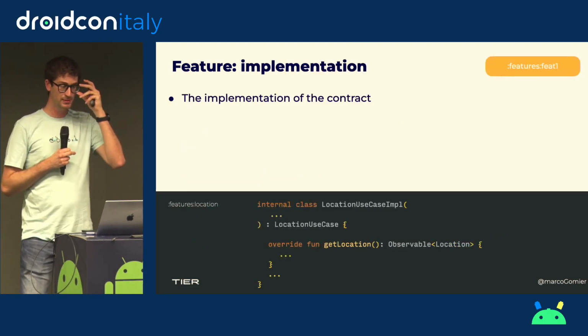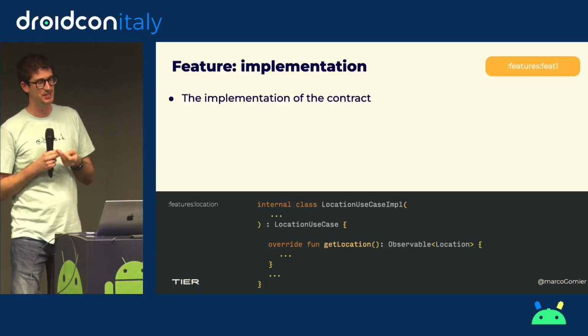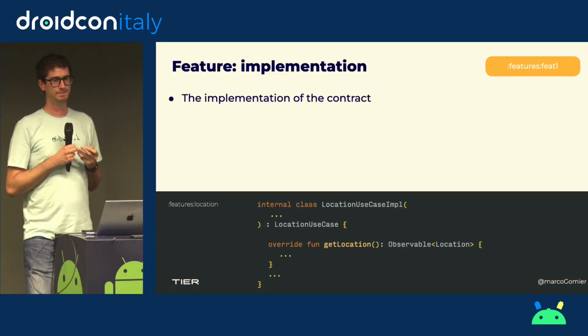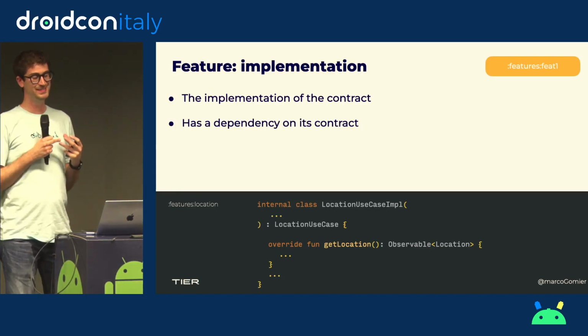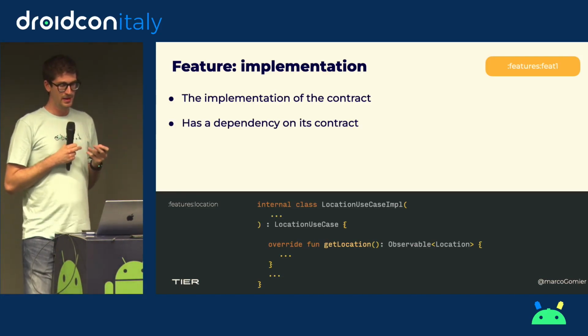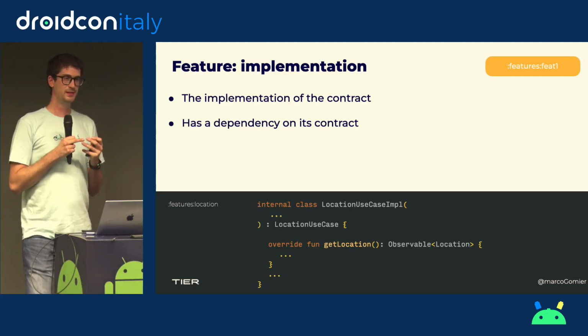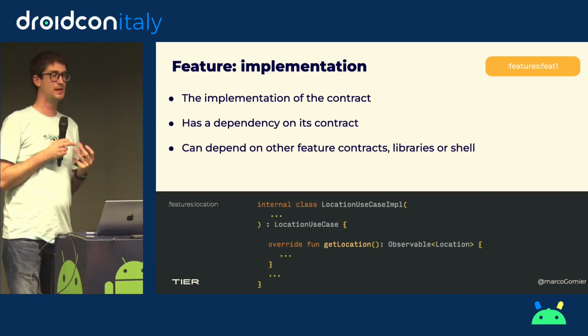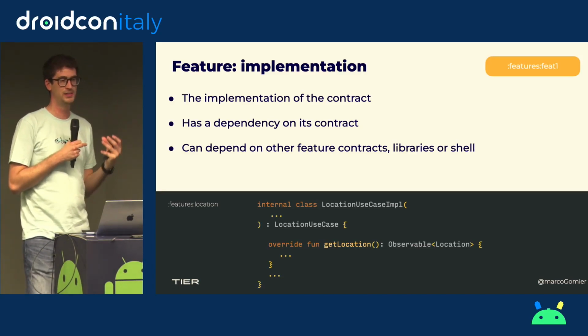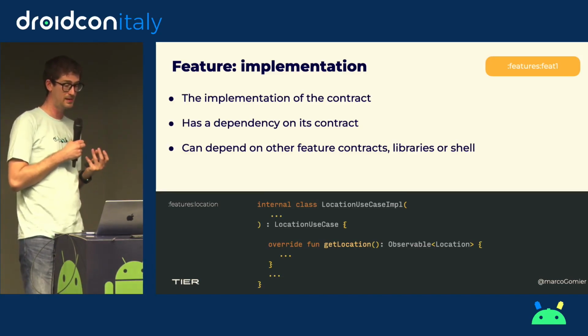The implementation instead contains the implementation of the contract. So it needs a dependency on the contract, and this kind of module can depend also on other feature contracts because, for example, you may want to launch a specific feature from another feature.